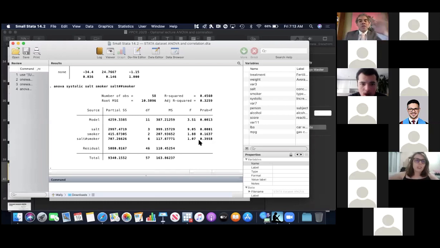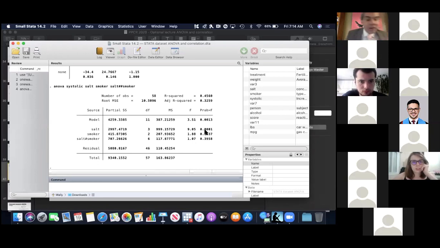So from here, I can know that one of the groups of the salty diet is different from the others. Now, how do I know which group? Can I do a Bonferroni in a two-way ANOVA? Can I ask a question?